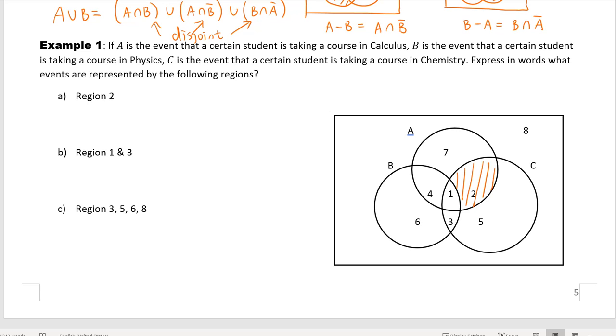Do you see it's in A, it's in C, but it's not in B. So A is calculus, B is physics, C is chemistry. It's in A, so students take calculus. It's in C, so they take chemistry, but not physics.